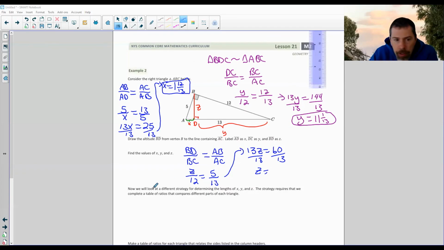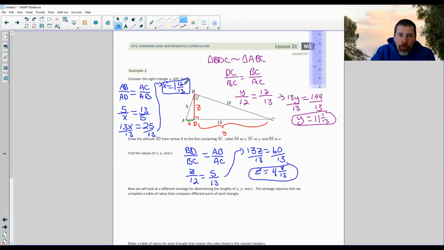So it's 4. And then when I want to know the remainder, I just take that 4 times 13 and see how much less it is than the original 60. And I need 8 more to add to that. So that's my remainder. So it's 4 and 8/13. So that is Z.